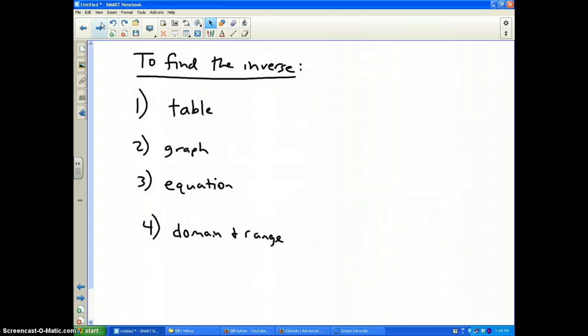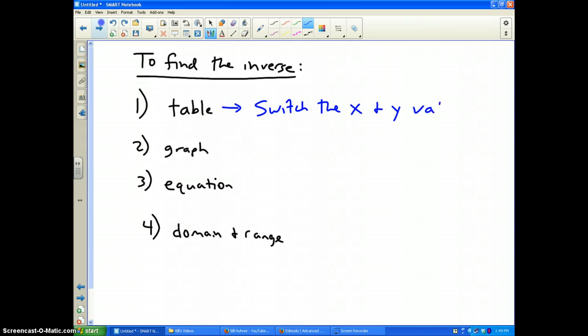Let's summarize that. To find the inverse on a table of values, switch the x and y values. To find the inverse of a graph, flip the graph across the line y equals x.